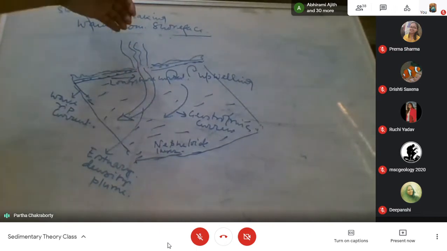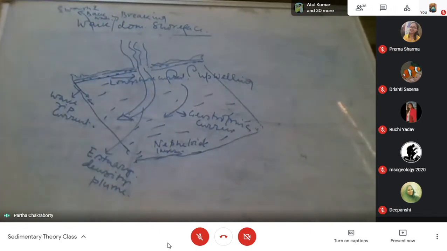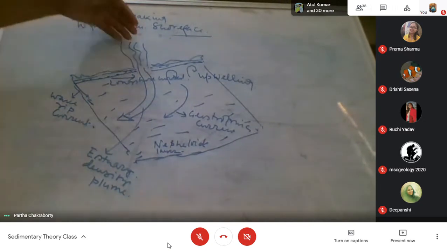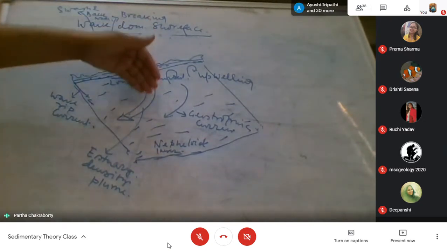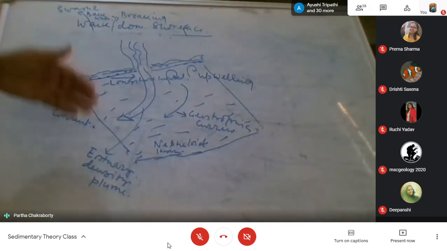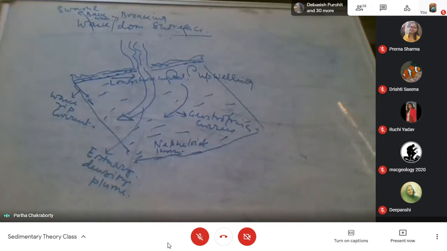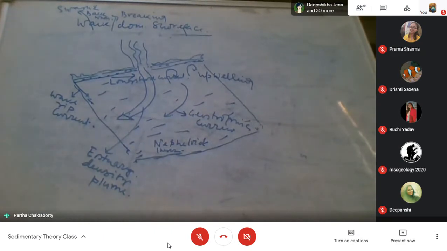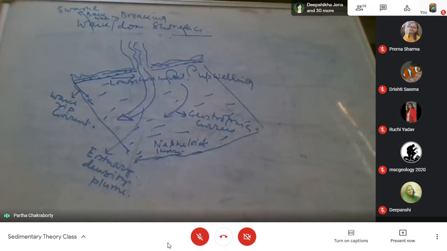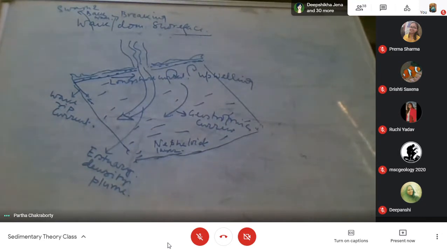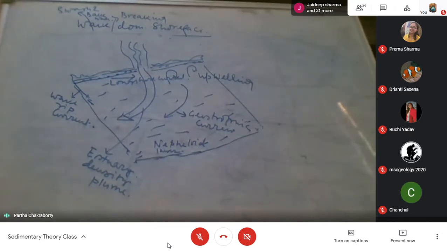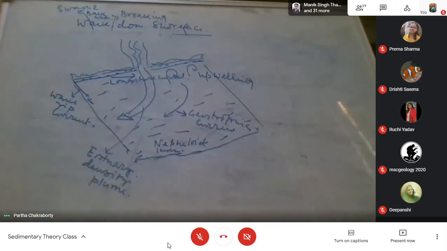Sometimes at the high flood stages, when the river system is flooded, it may supply the sediment onto the shelf in the form of estuarine density plume, which is a density current. Okay, because river water is lighter water, and it carries sediment, so it may be floating or it may be sinking, but it may come onto the shelf.